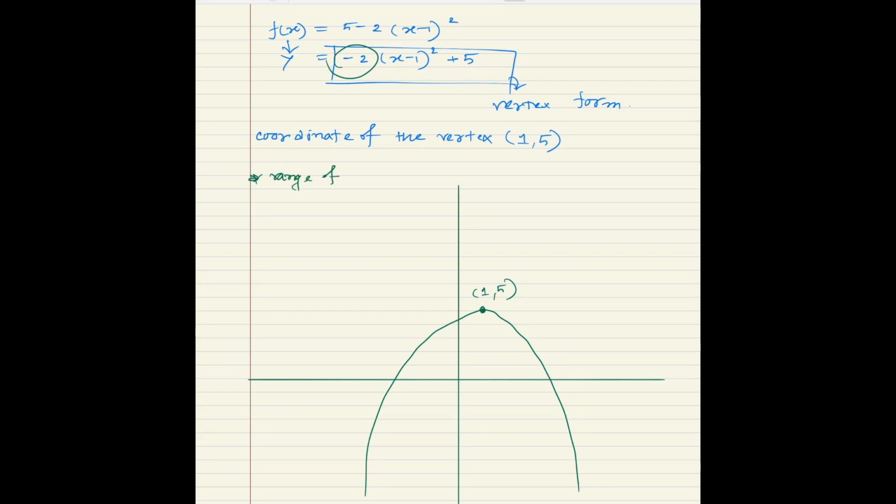Range of the function means the set of outputs, or simply the values of y. Just look at it. I think this is the vertex. The y value of the vertex is 5.